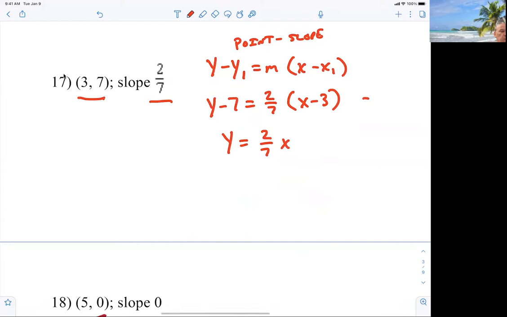And then this would be -6/7 plus 7. And 7 is how many sevenths? 49. So it'd be plus 43 over 7.